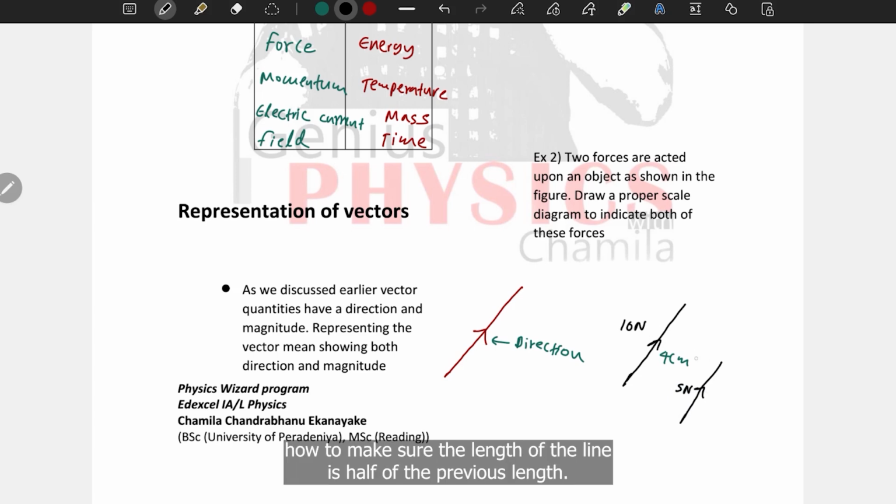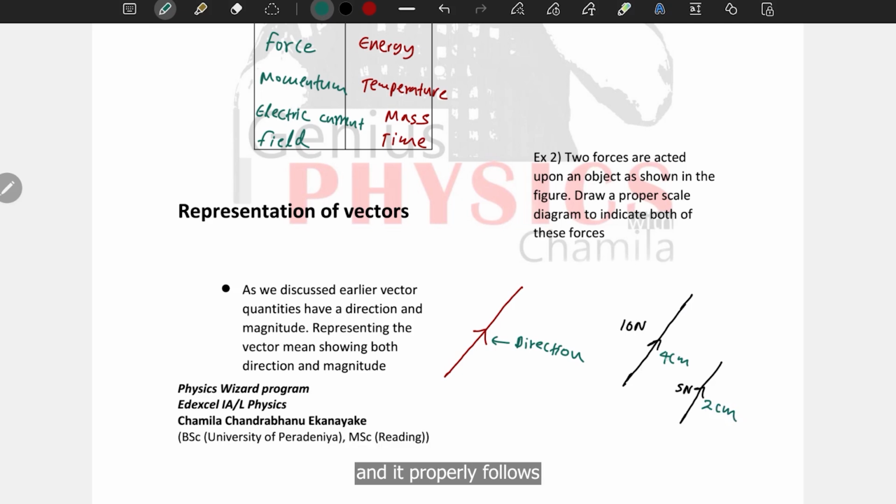You have to make sure the length of the line is half of the previous length. So now the length of this line should definitely be 2 centimeters, and it properly follows the expected scale.